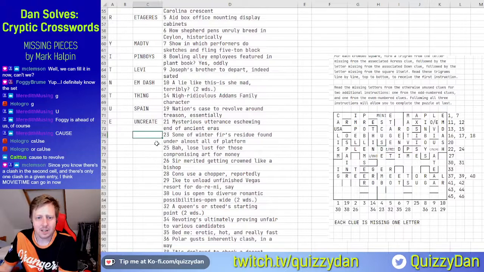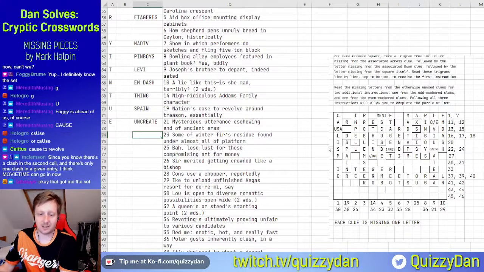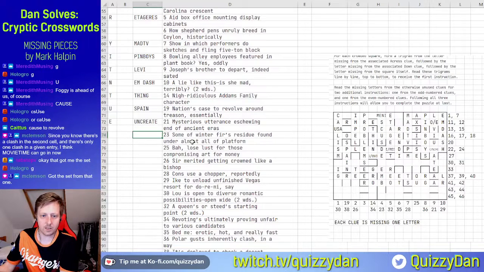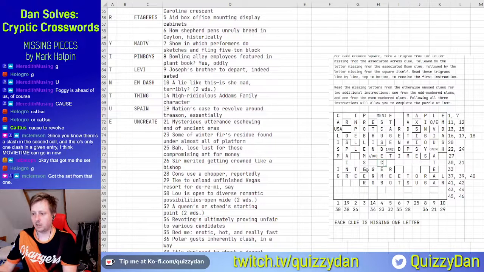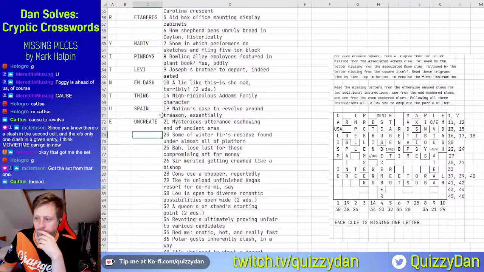Demembered or something? Some of winter fur's residue found under almost all of platform. Some of winter, well, that's December. Fur's residue found under almost all of platform. So, some of winter, December.